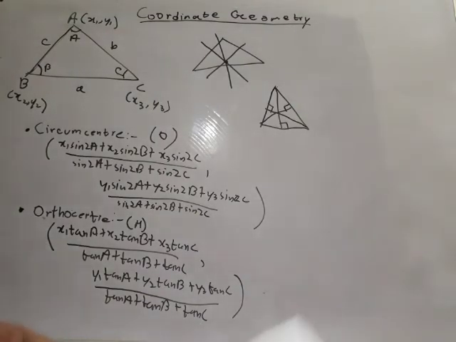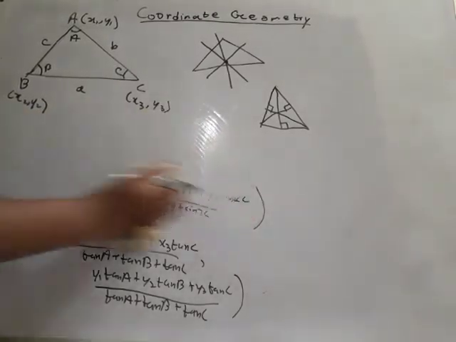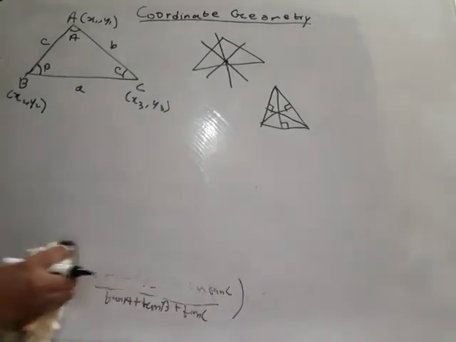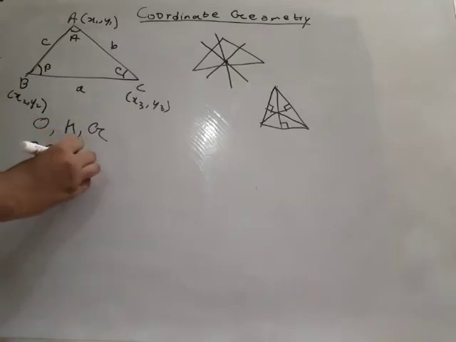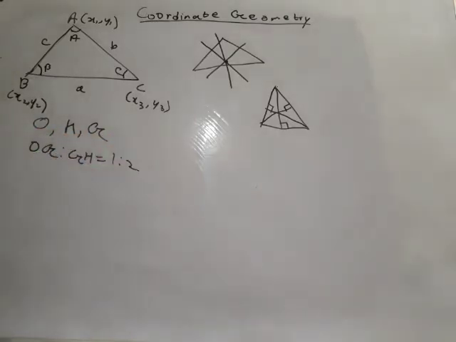Now some properties of these centers. For any triangle, the circumcenter O, the orthocenter H, and the centroid G, it is given that G divides OH internally in the ratio OG to GH equals 1 to 2. So we can see that O, G and H lie on the same line.